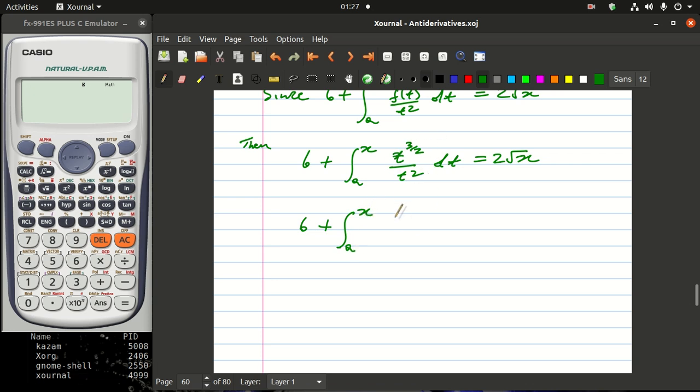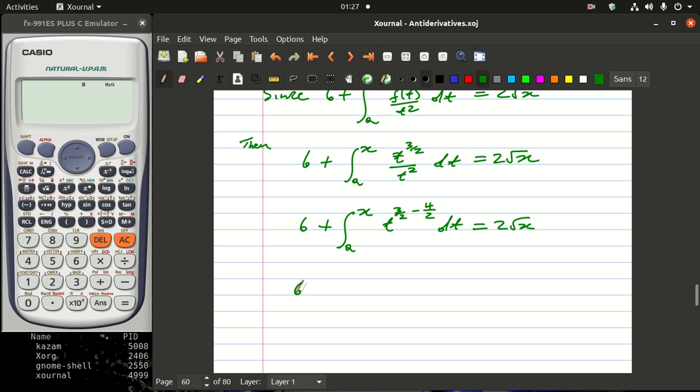actually simplify here. So we'll end up having t raised to 3 over 2 minus 2, because when dividing powers of the same base, you subtract exponents. This was a power 2, so we subtract it. And you know that 2 is the same as 4 over 2, and then you have a dt, which is the same as 2 square root x.